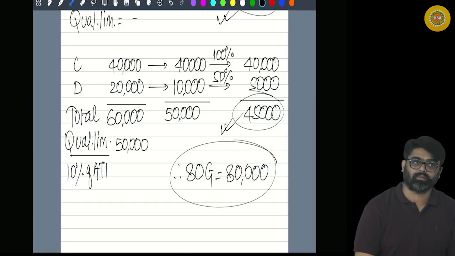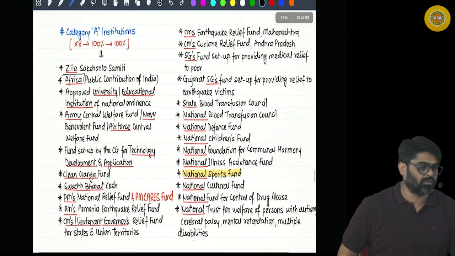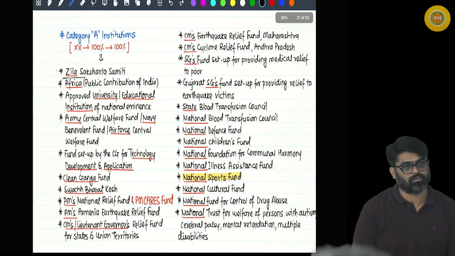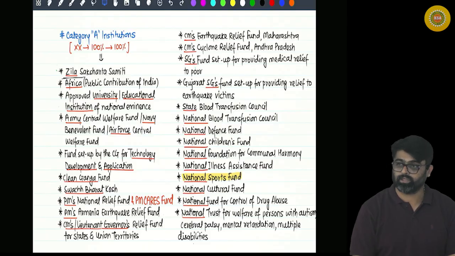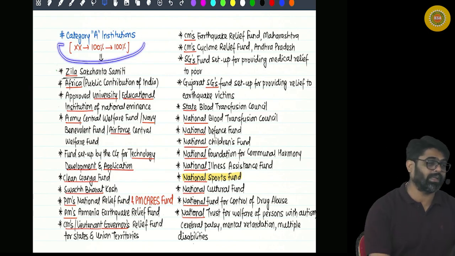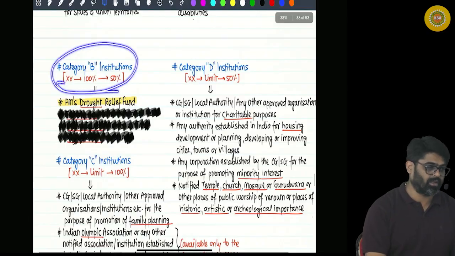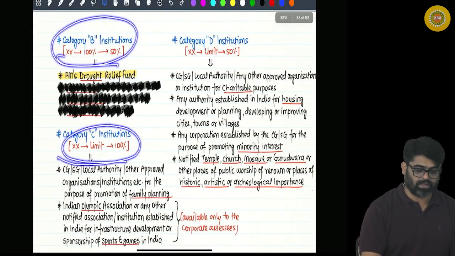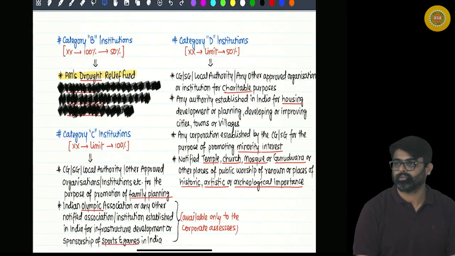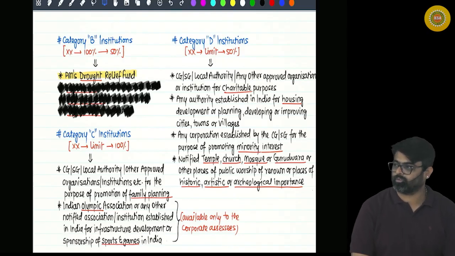Did you understand? Now, please remember the names of these categories. Did you see this for the first time? ATG, many of the students would be doing this chapter for the first time. This is category A. This is category B, category C and category D. We will make a story to remember these names.